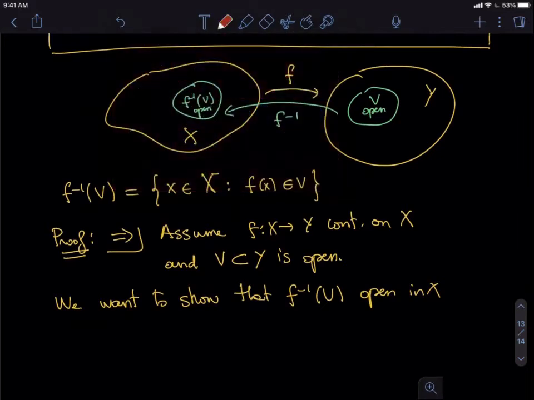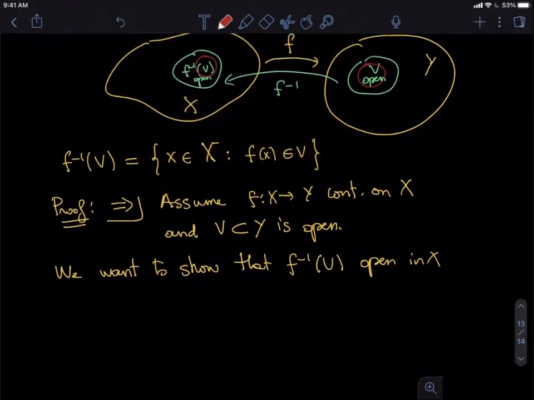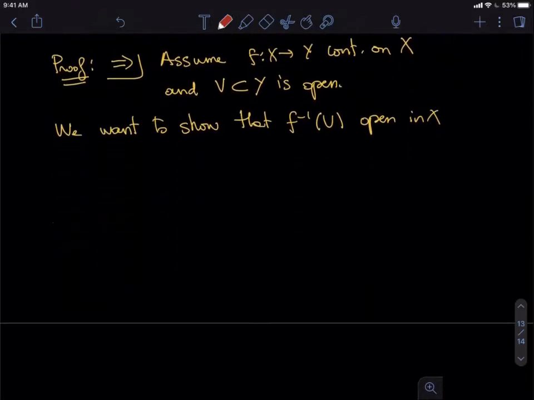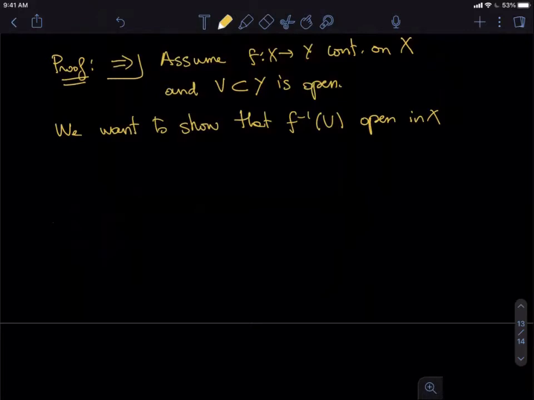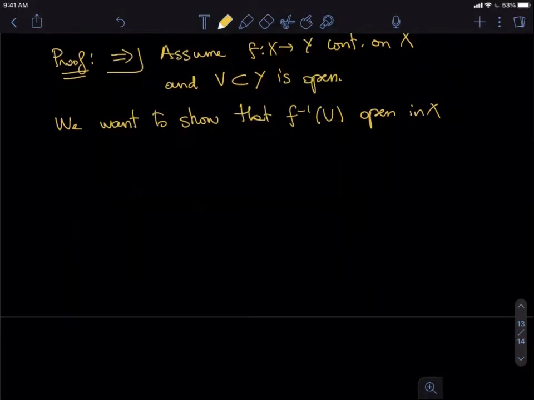Okay, what we are going to try to show is that these sets contain open balls. All right, so the only thing we have is the definition of continuity. So we need to use that.